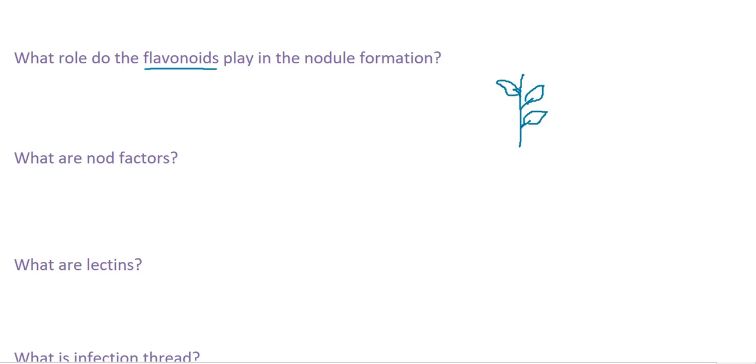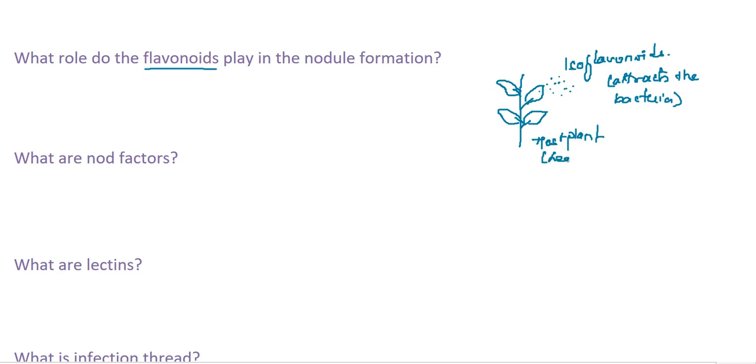I am again discussing this with you: the leguminous plant releases some kind of chemicals. These chemicals are isoflavonoids, and these chemicals attract the bacteria towards itself. So these isoflavonoids are the plant phenolics which are released by the host plant. These host plants are leguminous plants.